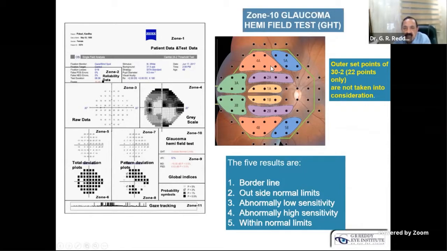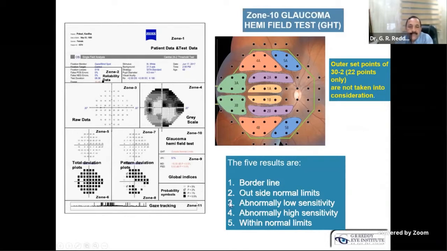According to that, it is given as borderline if the deviation values are outside normal limits. It also gives abnormally low sensitivity, abnormally high sensitivity with high false positives, and abnormally low sensitivity values when there is advanced glaucoma, and if it is normal, within normal limits.